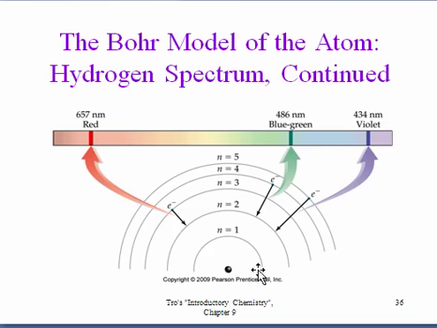So let's take a look here at the hydrogen atom. If a hydrogen atom accepts enough energy to get its electron up to the third energy level, and that electron goes back down to the second energy level, the energy that is released in the form of a photon has a wavelength of 657 nanometers, and it's in the red part of the visible light spectrum.